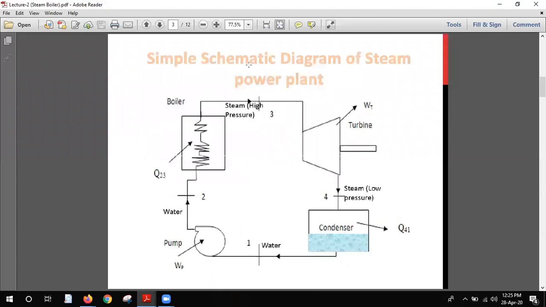The purpose is something like this. After the economizer, that gas we should release using the chimney.